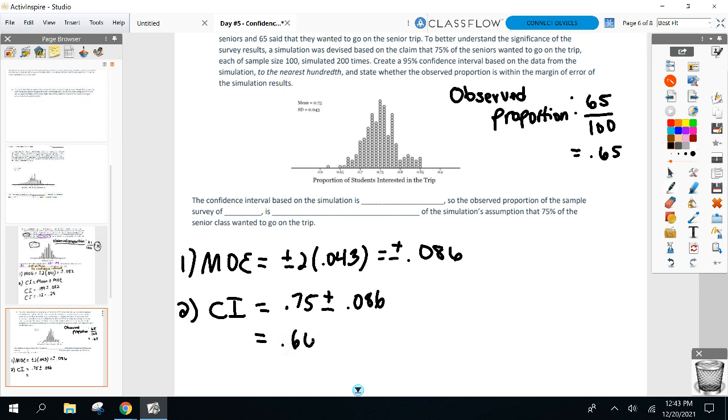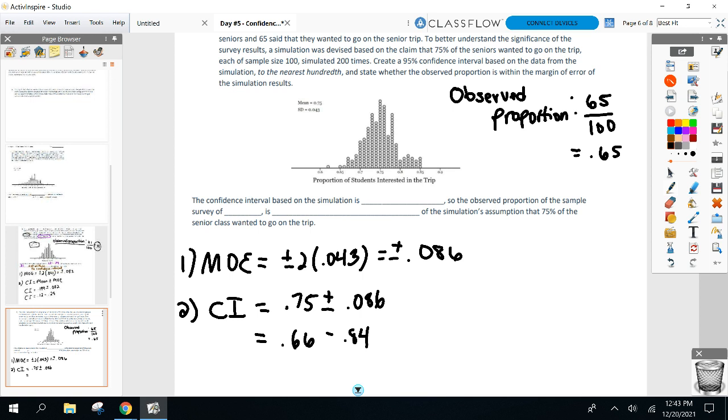Bottom end, you get 0.66, nearest hundredth. Top end, what do we got? 0.84. So mathematically, 0.65, inside or outside? Outside. So what that means, if it's outside, that's unusual. That's unlikely that it's going to keep happening, that 65% are just going to want to go on the senior trip.